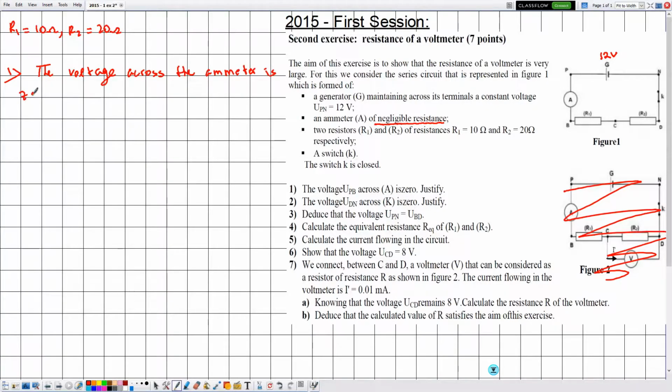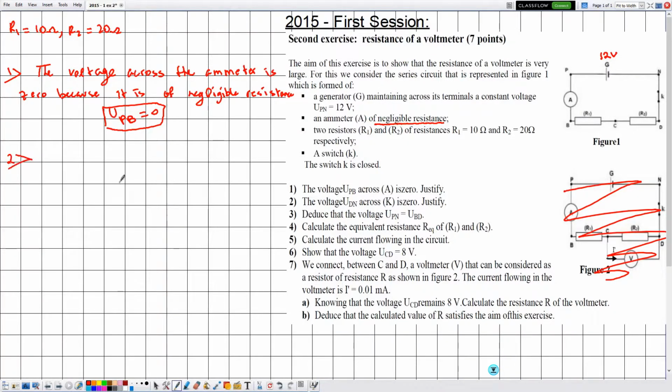Then in this case we have that UPB is equal to 0.